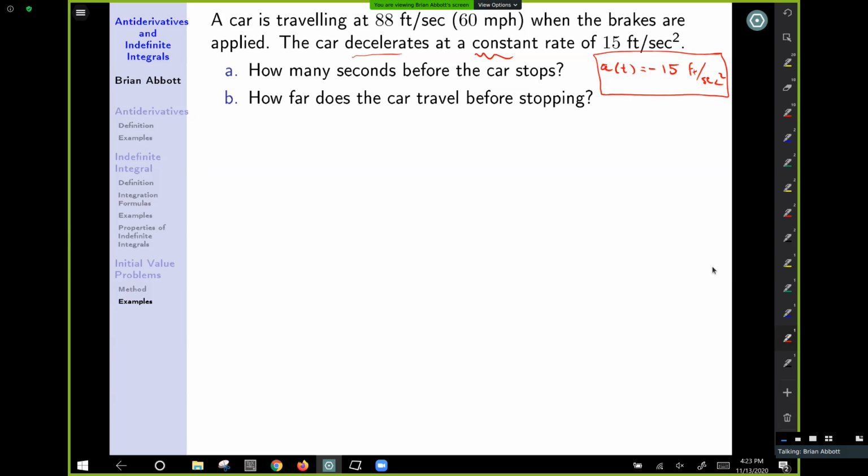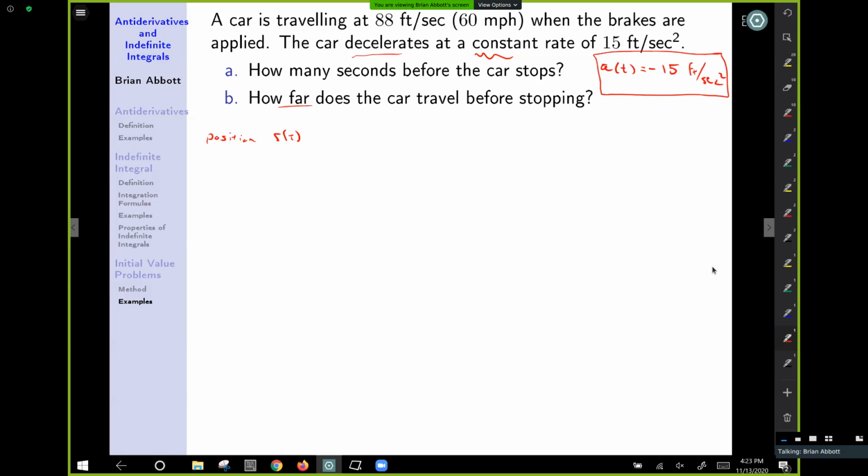This sounds awfully familiar because we talked about derivatives and their relationship to motion. So we know the position function can be given as s of t. That sounds like something we're going to need, because we're asking how far the car travels. That's about position.